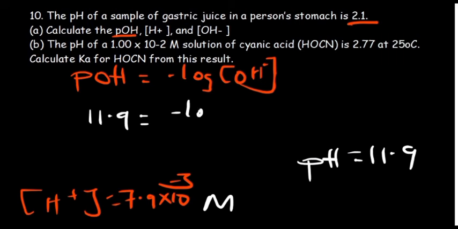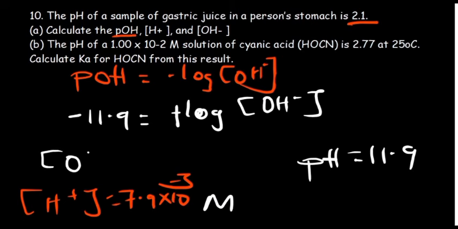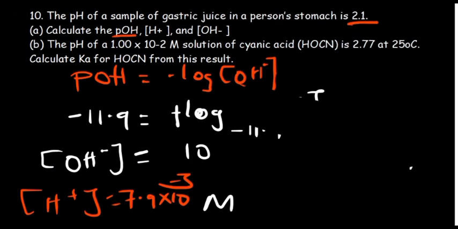So we can divide by negative, and our hydroxide ion concentration is going to be 10 raised to the power of negative 11.9. What I'm getting as the hydroxide concentration is 1.3 times 10 to the power negative 12 molar. So we've answered that now.